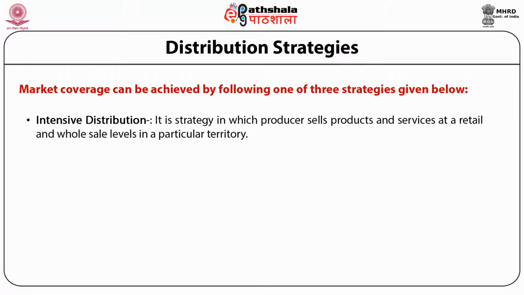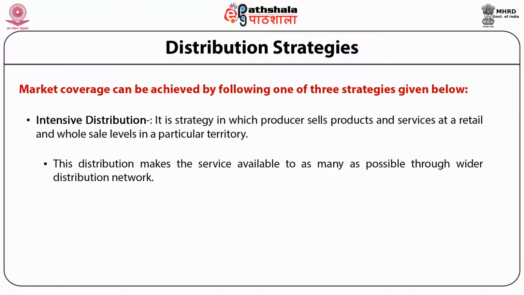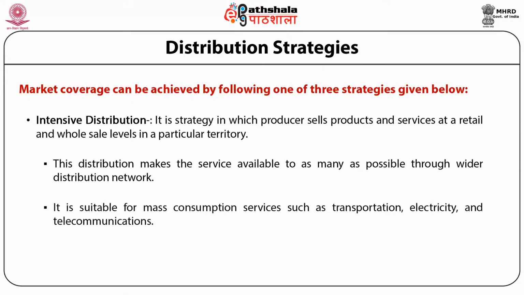Intensive distribution is a strategy in which producers sell products and services at retail and wholesale levels in a particular territory. This distribution makes the service available to as many as possible through a wider distribution network. It is suitable for mass consumption services such as transportation, electricity, and telecommunications.